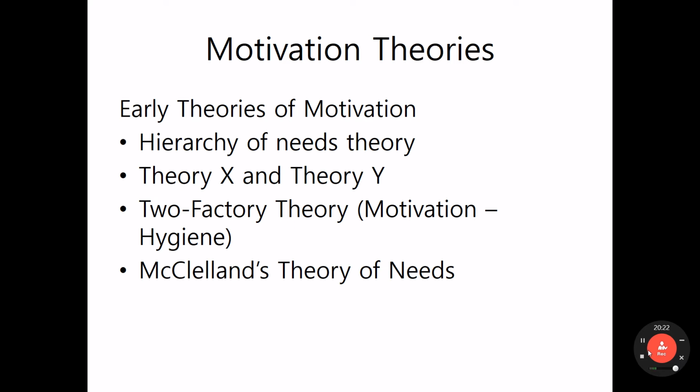Low order needs and high order needs. You need to know what those are. What's the main focus of hierarchy of needs theory? If people are not fulfilled with the low order needs, the high order needs cannot satisfy them. Basically, that's the main focus of hierarchy of needs theory. So you need to understand that.